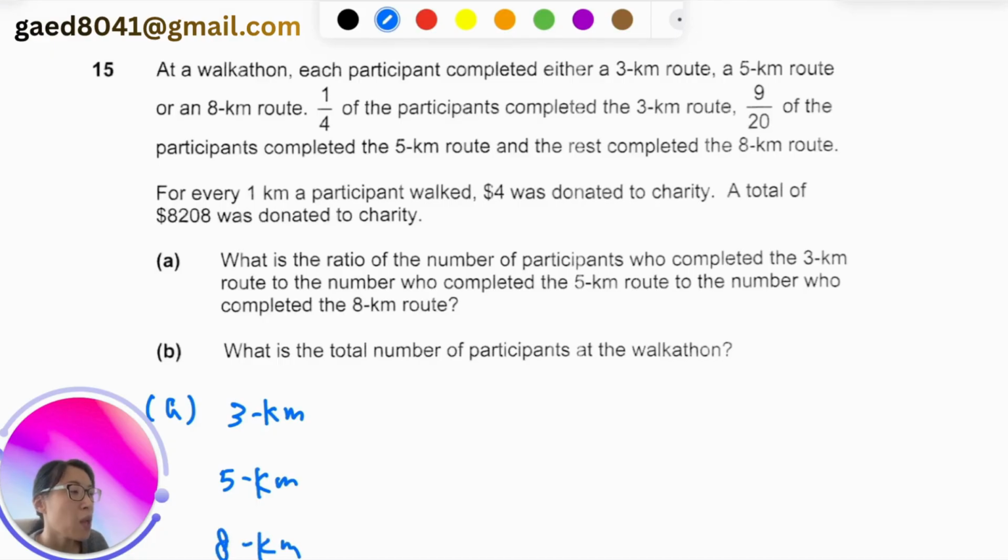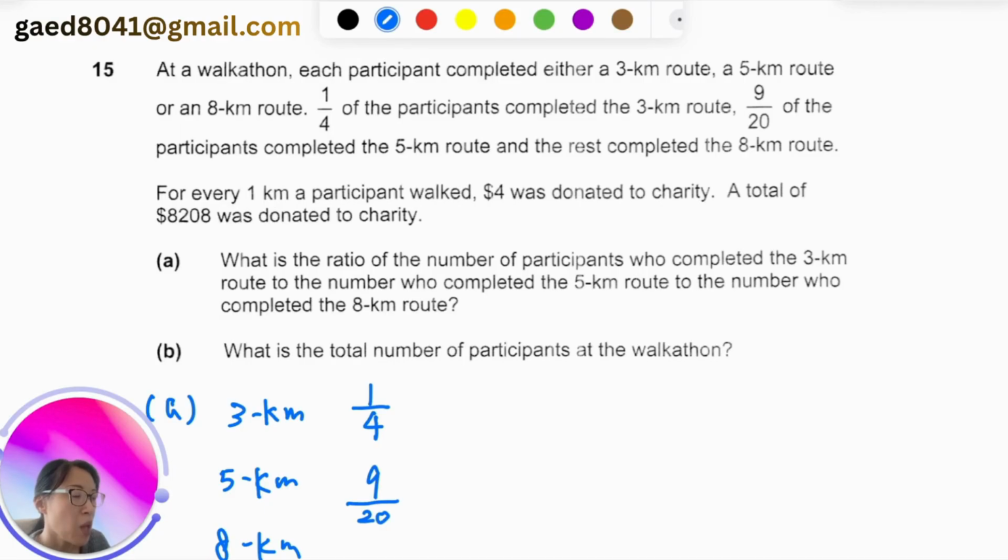Now we know 1/4 of the participants completed the 3-kilometer route. We also know 9/20 of the participants completed the 5-kilometer route, but we don't know the fraction of the third route.